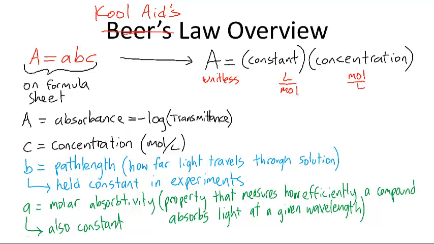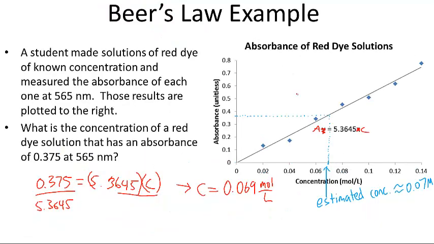I think it's usually more advisable in any experimental situation to determine the constant independently, like in your own lab setting, because with your equipment, with your individual cuvette, there are always slight variations, and so you're always going to be better off making the graph and figuring out what the constant is on your own.